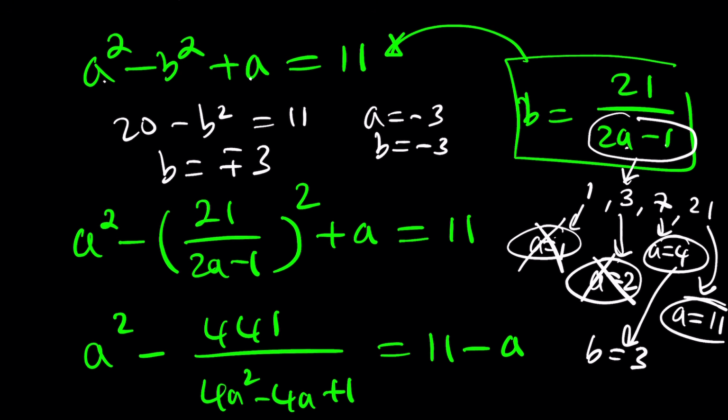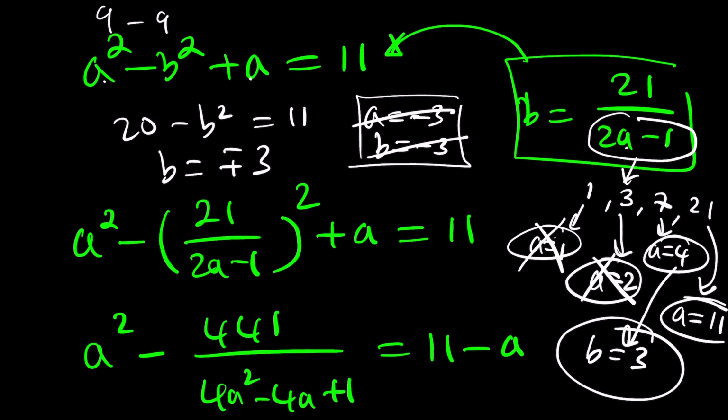That looks like a good solution, but we need to check that, okay? Because it needs to satisfy both equations. For example, if negative 3 does not work, it's 9 minus 9. It doesn't work. So negative 3 actually fails. I don't know how I got that. I probably made a mistake somewhere. So a equals 4, b equals 3 is a good one.